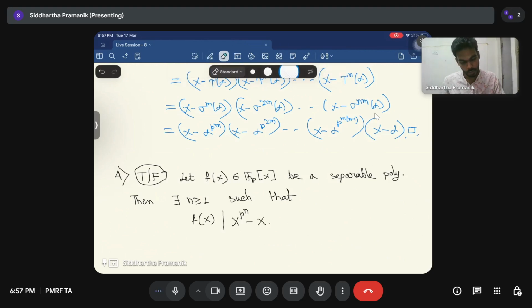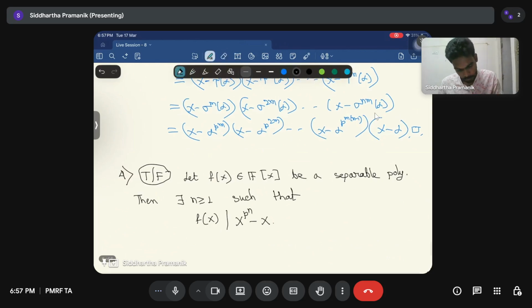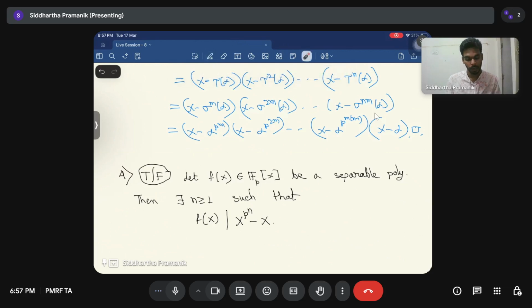So this is true or false. We know Fp is the finite field with p elements, where p is a prime number, and we are taking a polynomial f(x) from Fp[x], which is separable. Then f(x) must divide this polynomial x power p power n minus x for some positive integer n. So this is true or false.